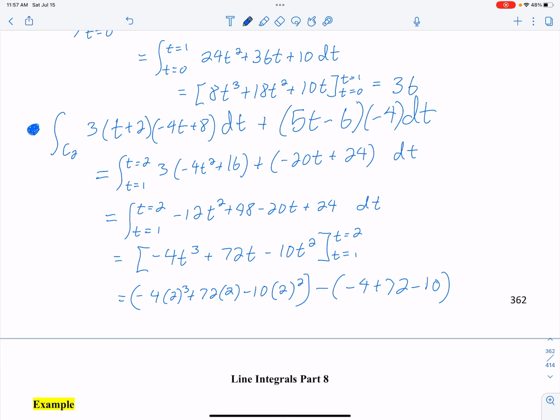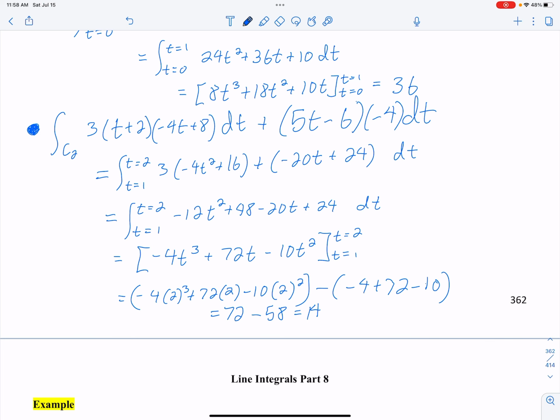I did this a little differently in my notes, same method, but I didn't ever plug this number in, so I have to grab it. That first thing is 72 minus 10 minus 58, which gives me 14.